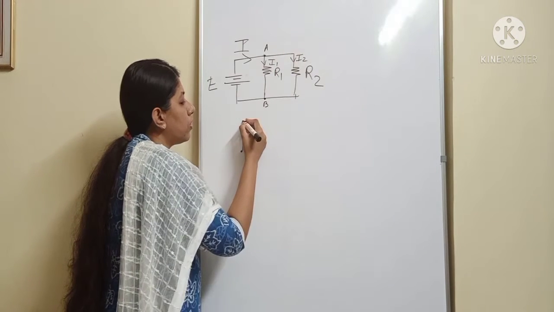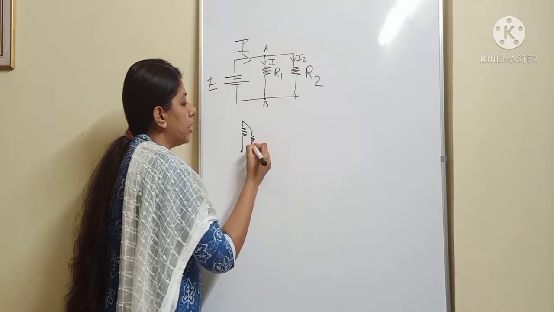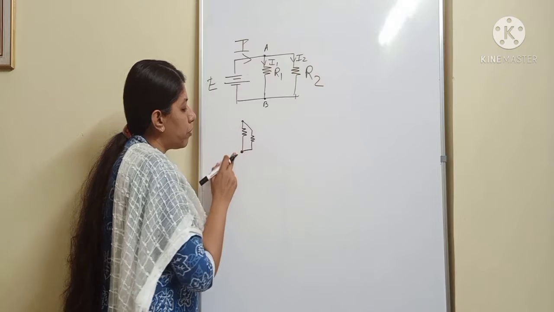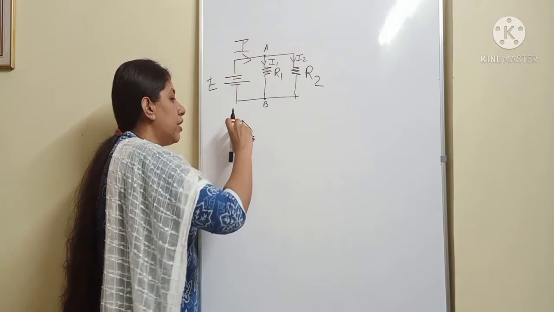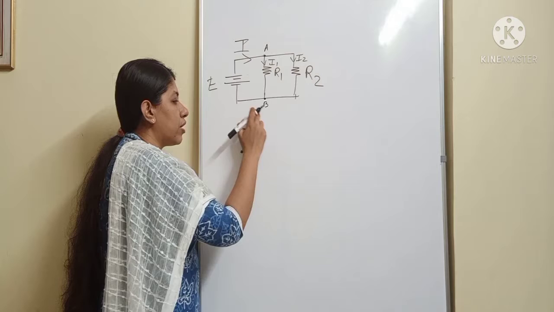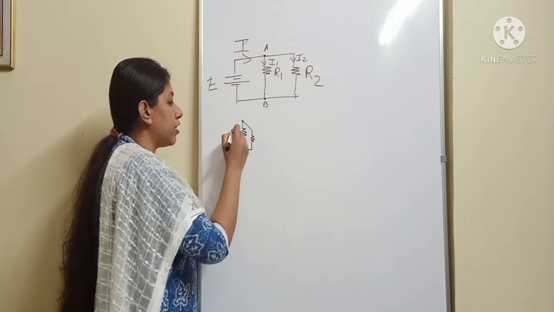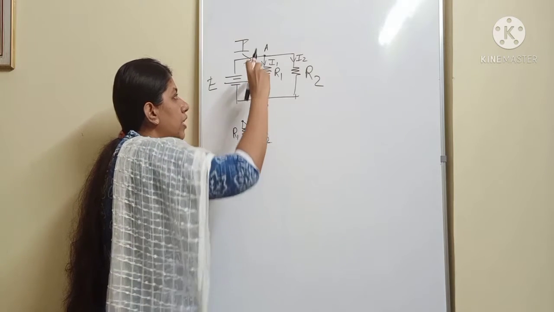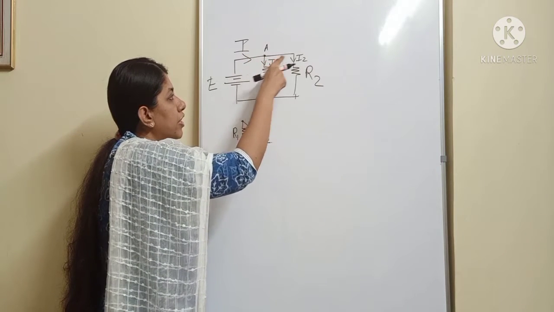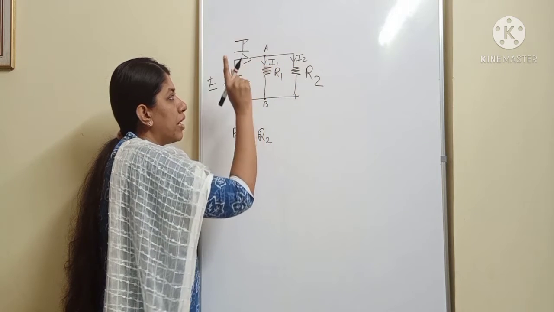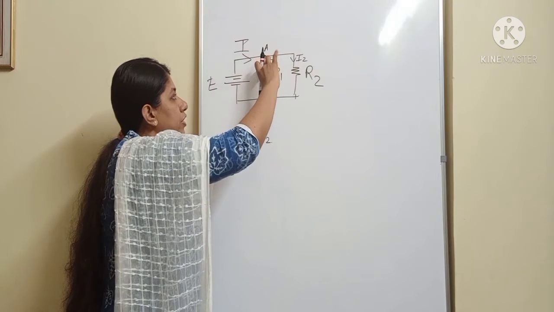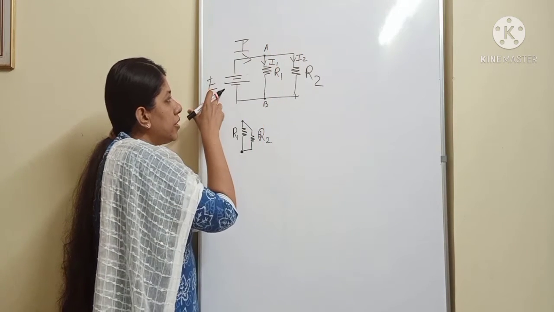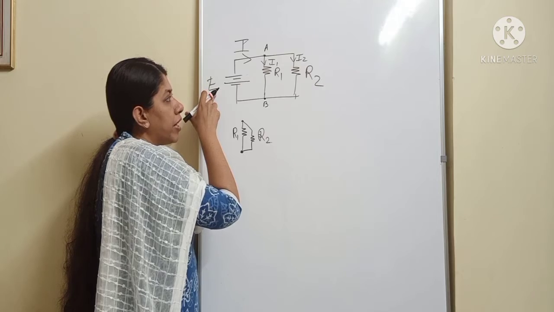Similarly, R2 is also connected between A and B. Now these two resistors have two common points between them, and this type of connection can be considered as a parallel connection. And in a parallel connection, different current flows through different parallel branches, but the potential drop across each parallel branch is the same, and in this particular case it is equal to the applied voltage.